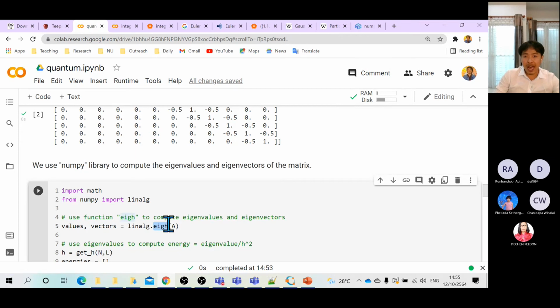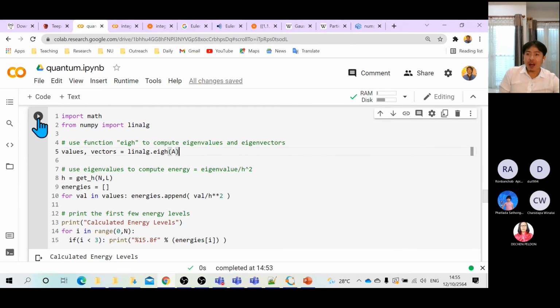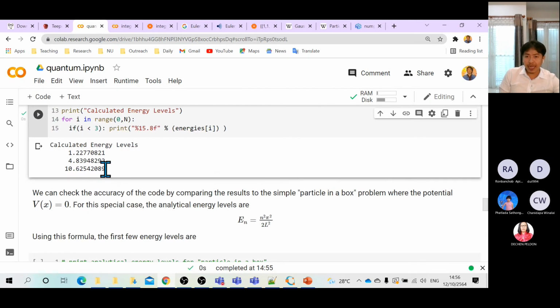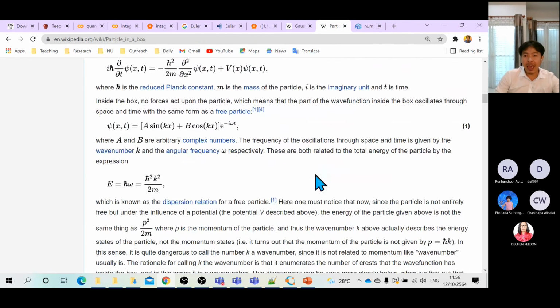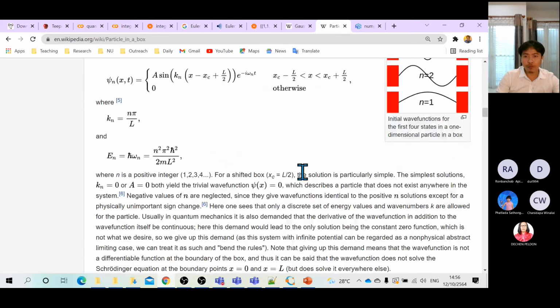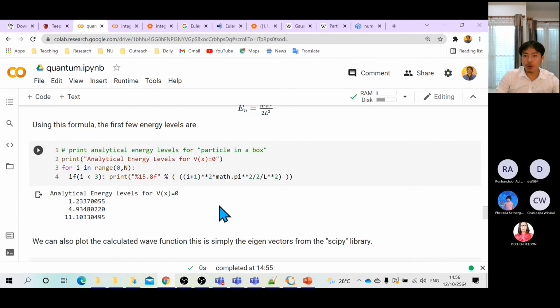The function is eigh, some name for eigenfunction. So I click on that to compute my eigenvalue, and I get that result over here, the energy. I want to check if I get the right answer. I can go to some textbook, or in this case Wikipedia, look at the energy value for this, and then copy that code into my notebook.